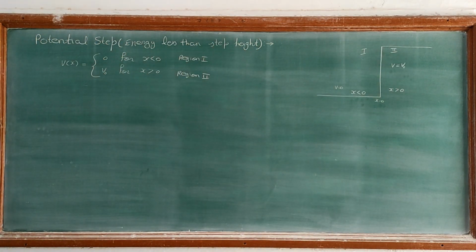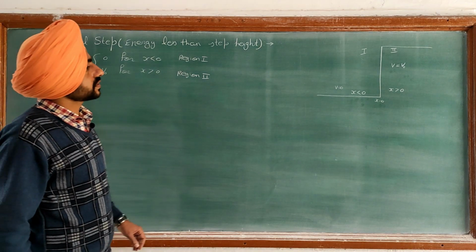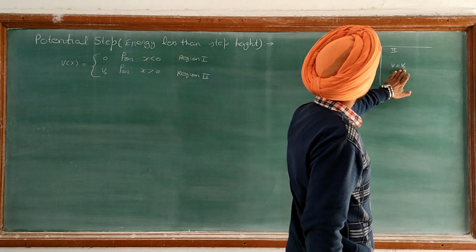Now, in the region x less than 0, the particle moves like a free particle, and as it approaches the step potential in the region x greater than 0, it faces a potential V of x equal to V naught.